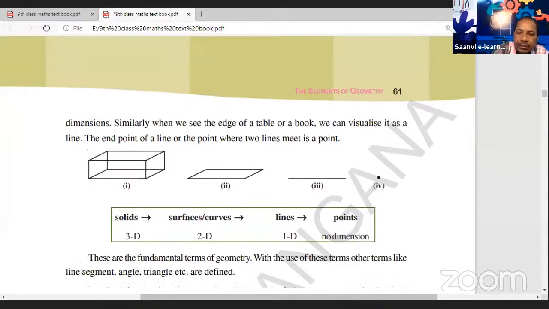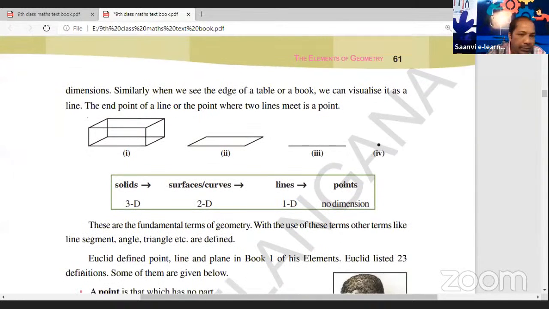Okay, children. Like this, we have taken a cuboid and removed one dimension, height, and it became a rectangle. In this rectangle, again, two dimensions, length and breadth, are there. We removed one more dimension, and it became a line segment. The line segment has only one dimension.